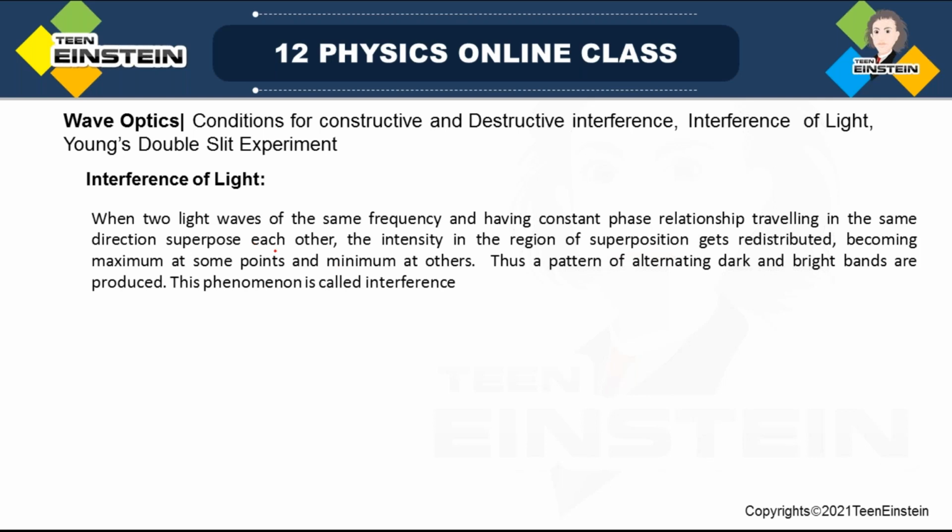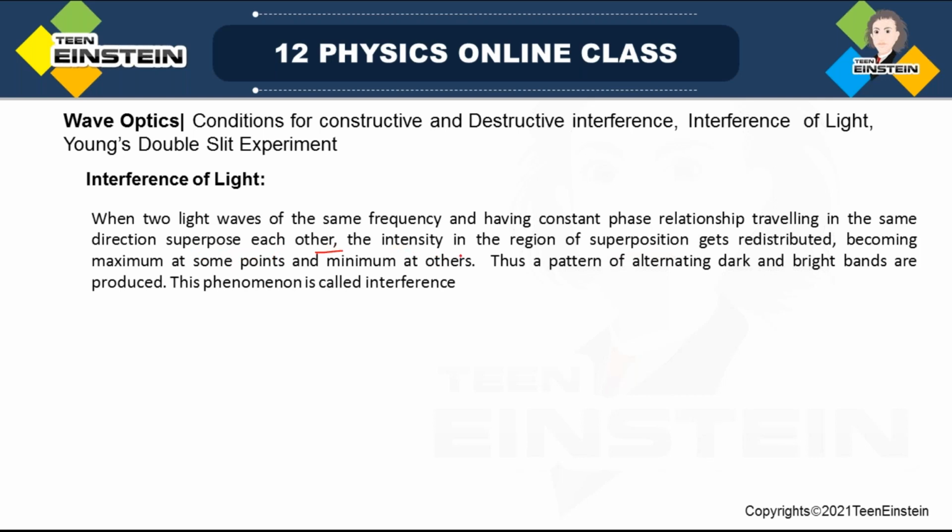Light wave is an electromagnetic wave, a transverse wave, that is fine, but it has similar wave properties, like frequency, wavelength, etc. So sound waves and light waves both can exhibit interference. In interference of light, two light waves of the same frequency and constant phase relationship travel in the same direction, otherwise they cannot superpose, and superpose each other.